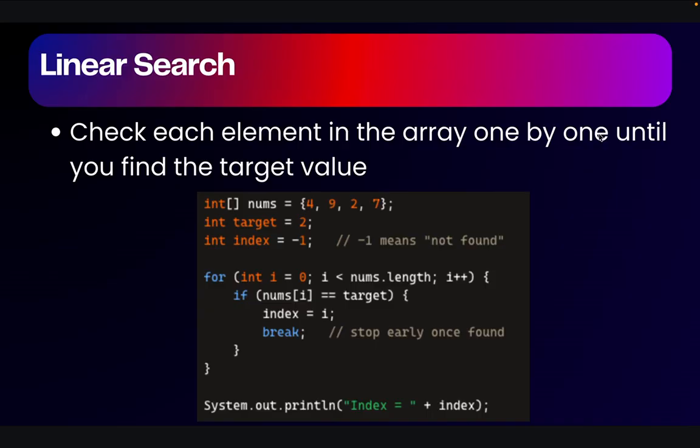So basically what your loop is doing is it's going to have that conditional to see if one of the elements in the loop is going to equal that target or 2. So again, it would check one by one to see if that element is equal to the target element. And then if it finds it, it would do one thing.